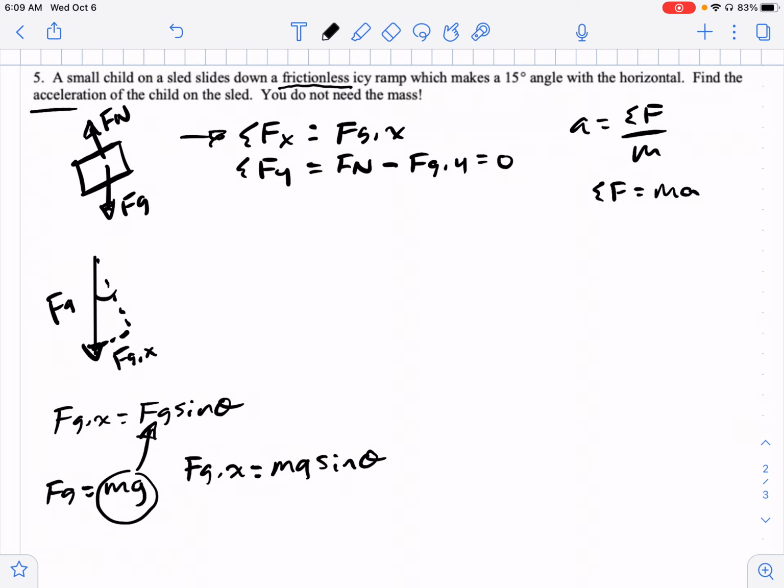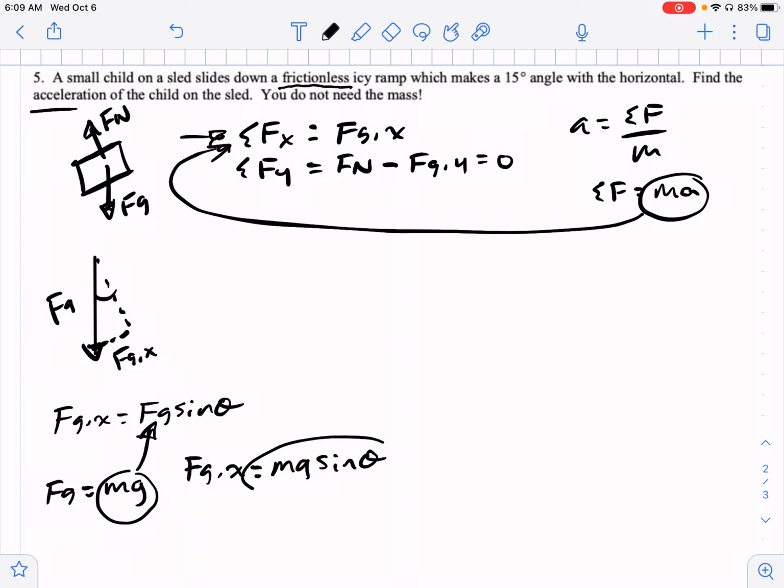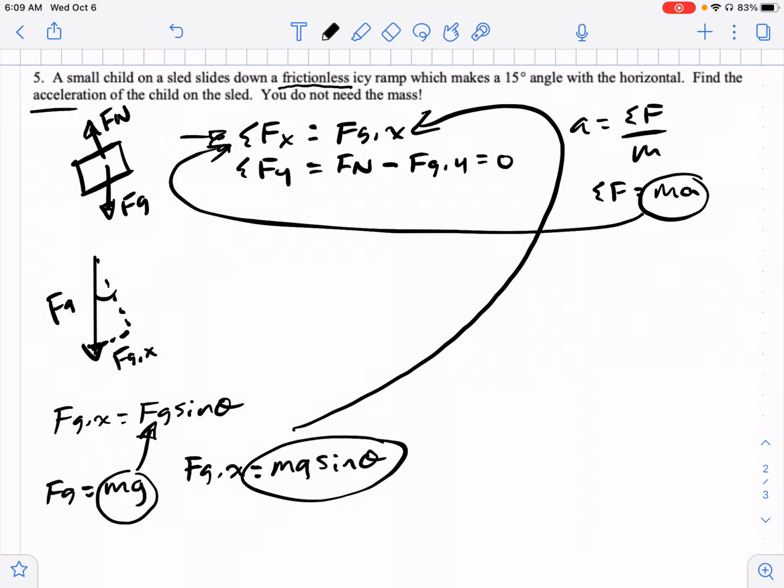Now let's do all these substitutions. Let's plug in mass times acceleration for your net force, and let's plug in this mg sine theta for my FGX. So if we did that, we would have mass times acceleration is equal to mg sine theta.